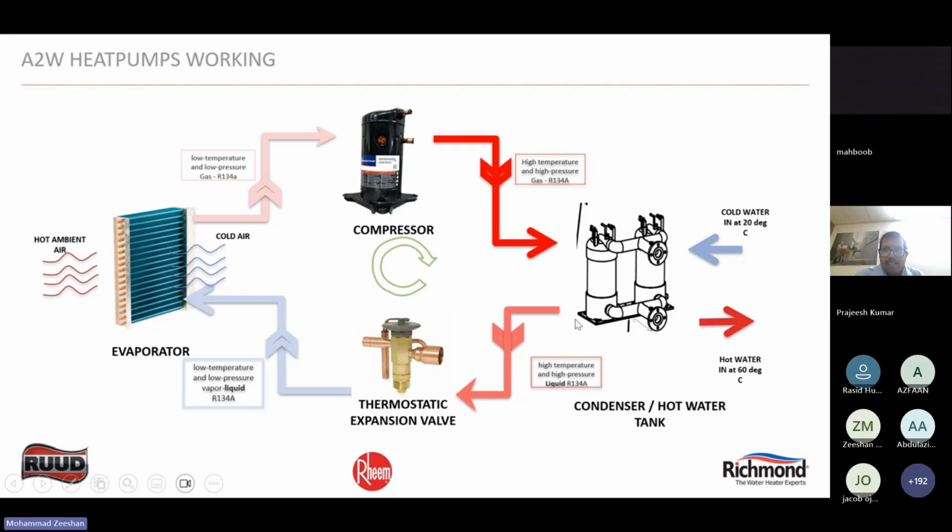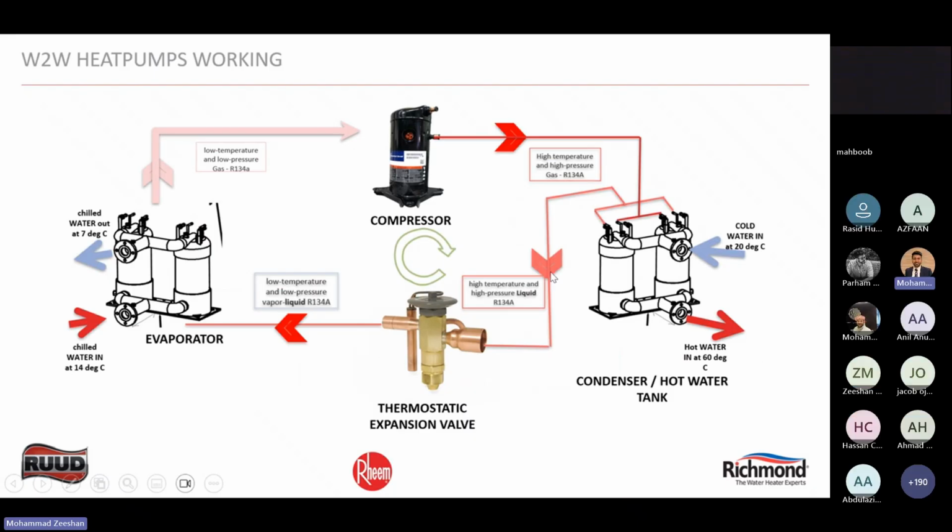The refrigerant loses its energy, goes to the thermostatic expansion valve, and then changes state and passes through the evaporator, thus repeating the cycle. When it comes to water to water heat pumps, the evaporator is replaced with a heat exchanger. So the water transfers the energy from one side of the system to the other.